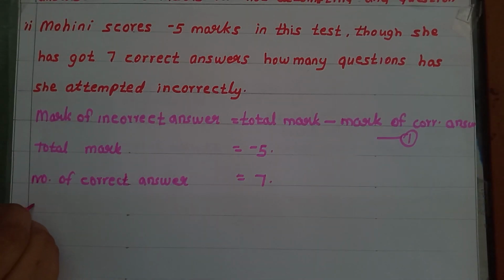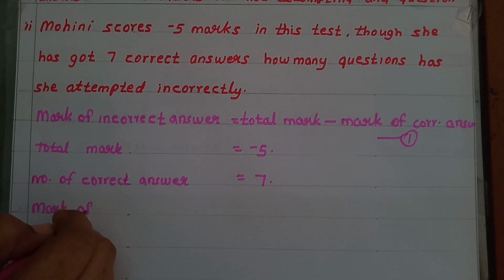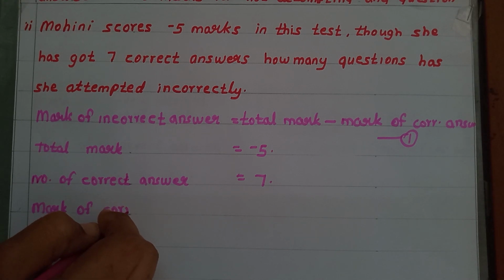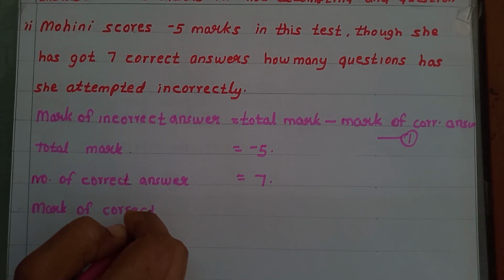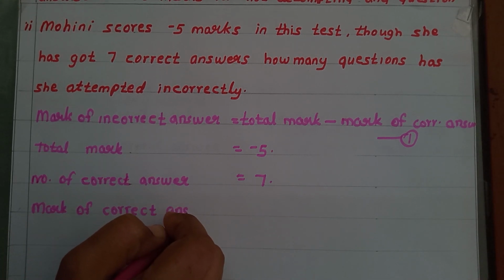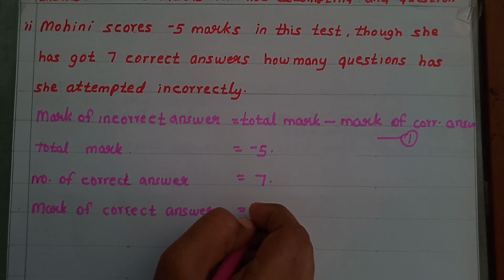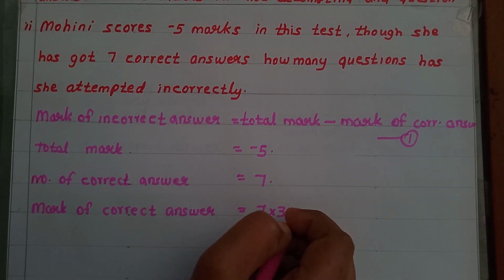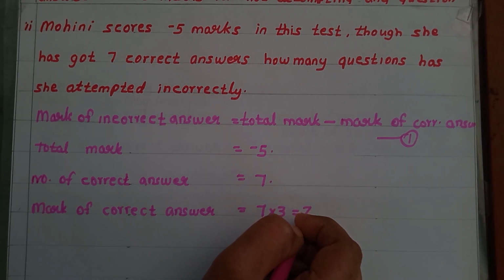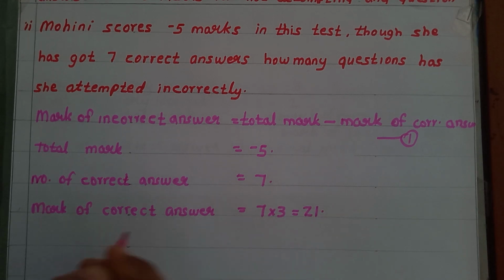Mark of correct answer equal to 7 into 3 equal to 21.